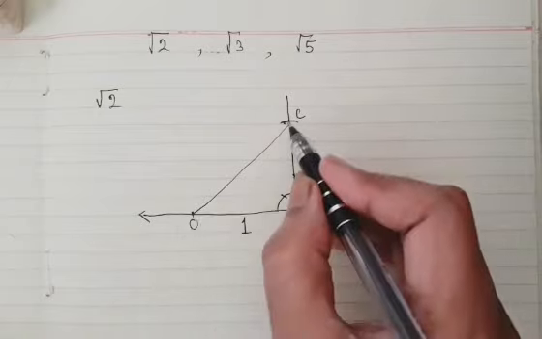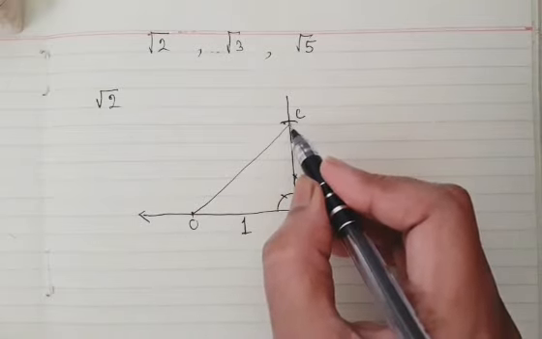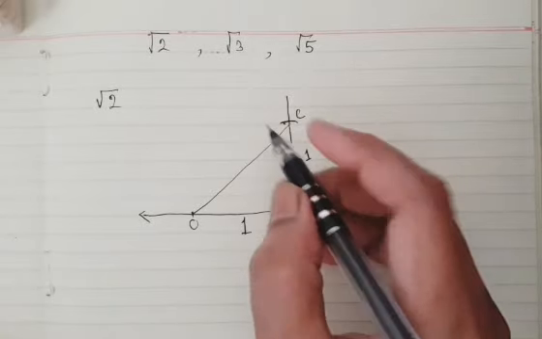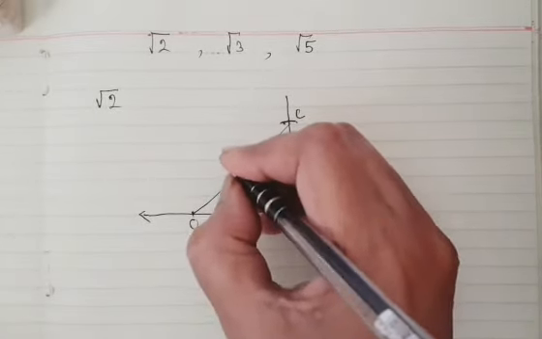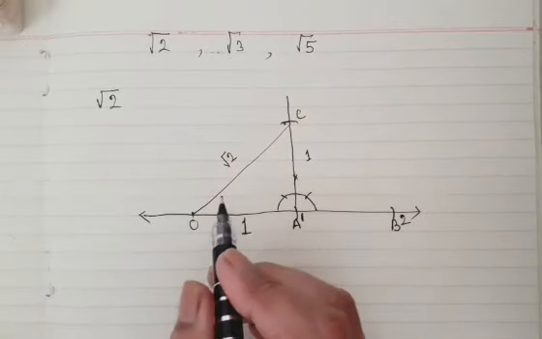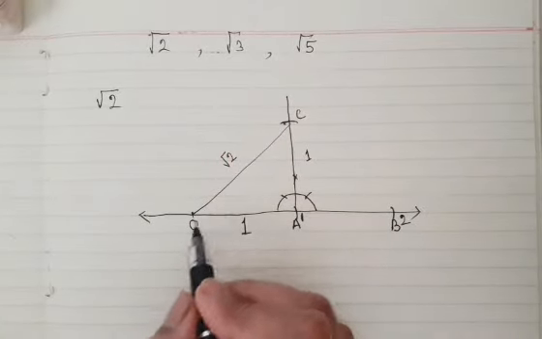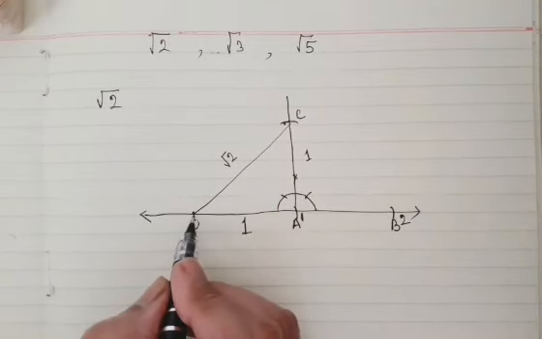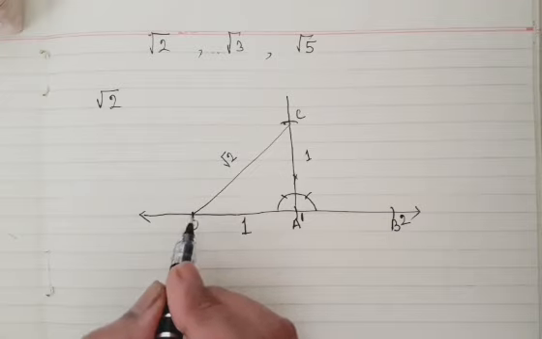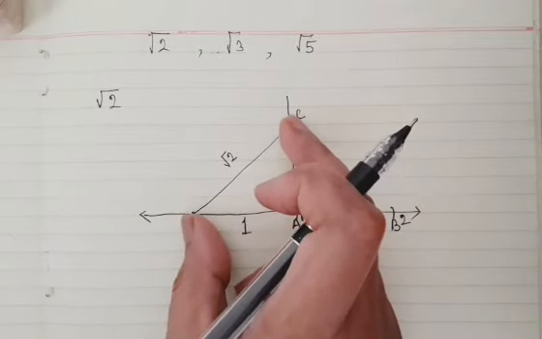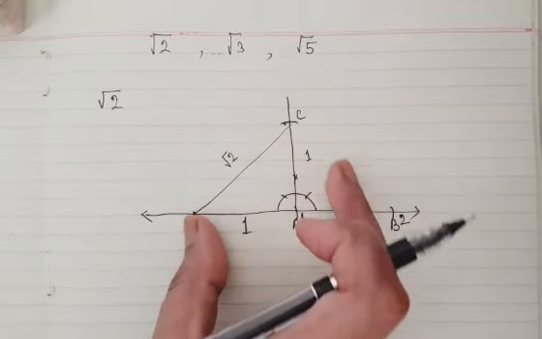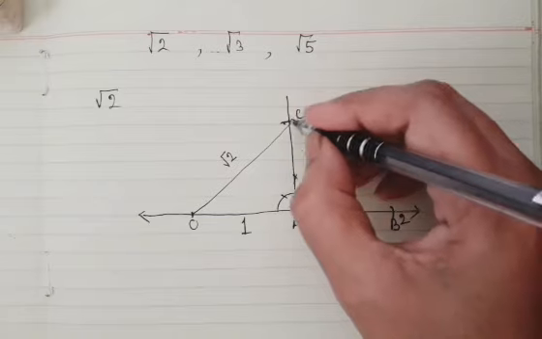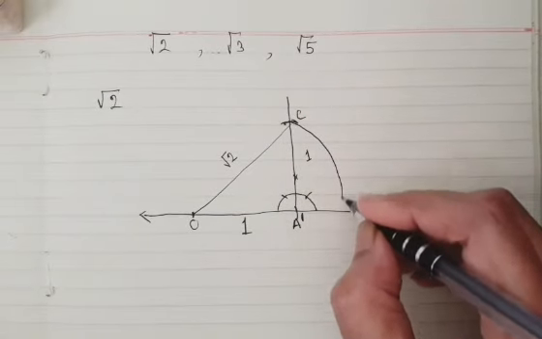Now OC, that is the hypotenuse, is of root 2 unit length. Why root 2 unit length? I will write that, but before that, after joining OC, taking O as center and radius OC with the help of the compass, you cut an arc like this. I don't have a compass, so I am simply doing it like this.